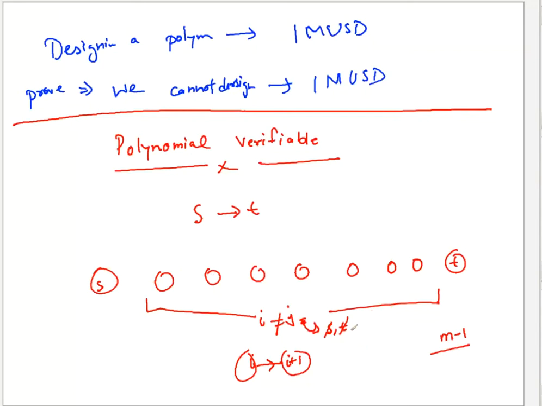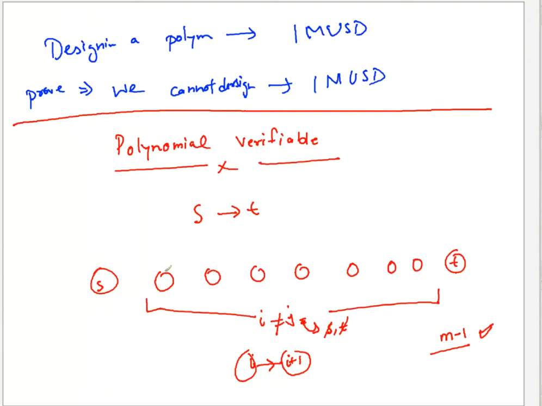If you are able to verify these three things, and they are very simple, you don't require more than a polynomial amount of time. You can traverse from S to T while checking if the path length is m minus 1 or not. Then on the go, the maximum time required to check if there is a repetition will be at most order of n square.